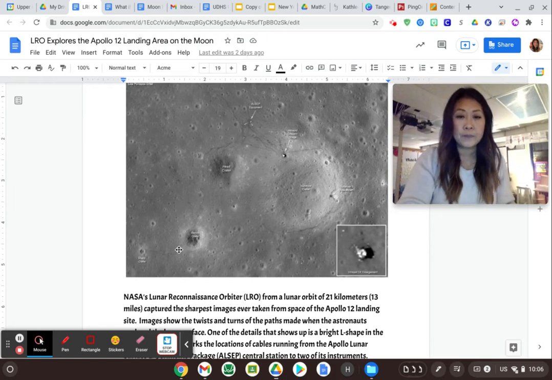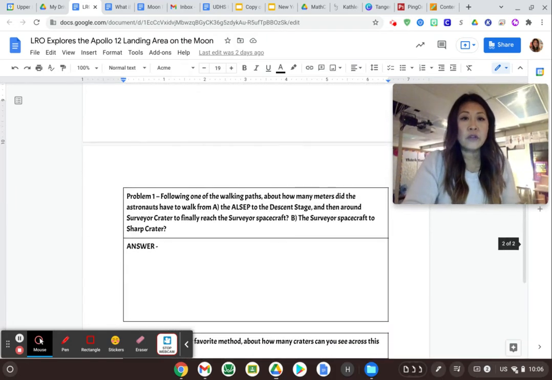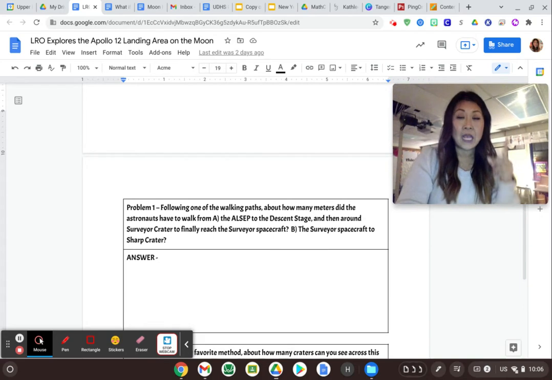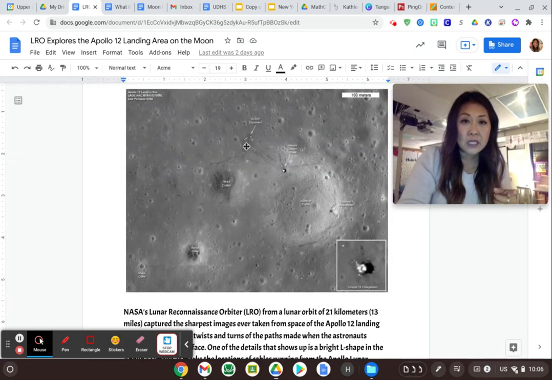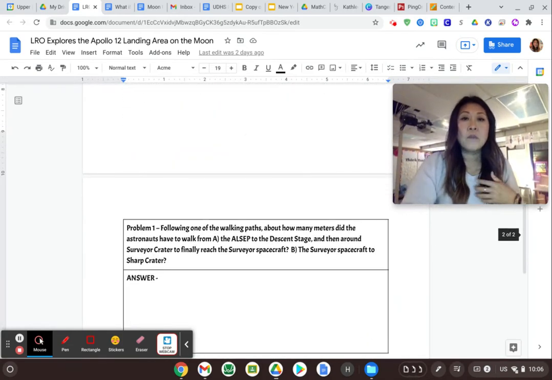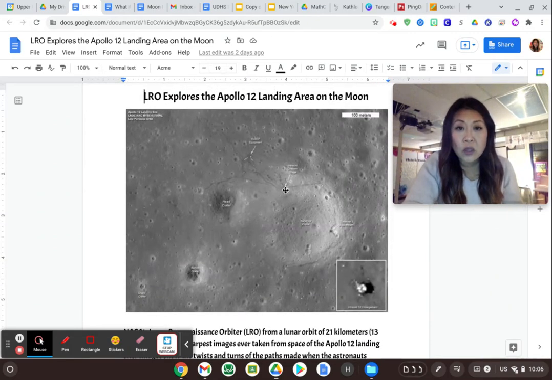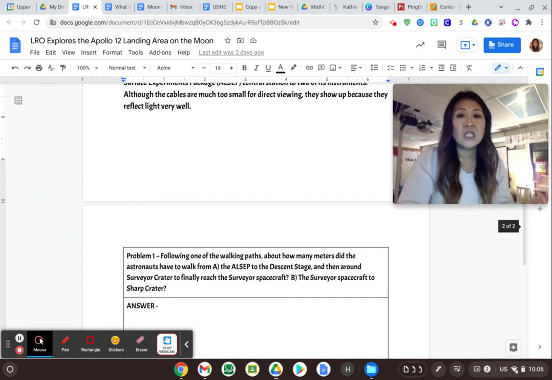So the first problem is, following one of the walking paths, about how many meters did the astronauts have to walk from A, the ALSEP, all the way to the descent stage? Here's the descent stage, so you need to know this measurement right here. Then they give you specific directions: go around the Surveyor Crater and finally to the Surveyor spacecraft.